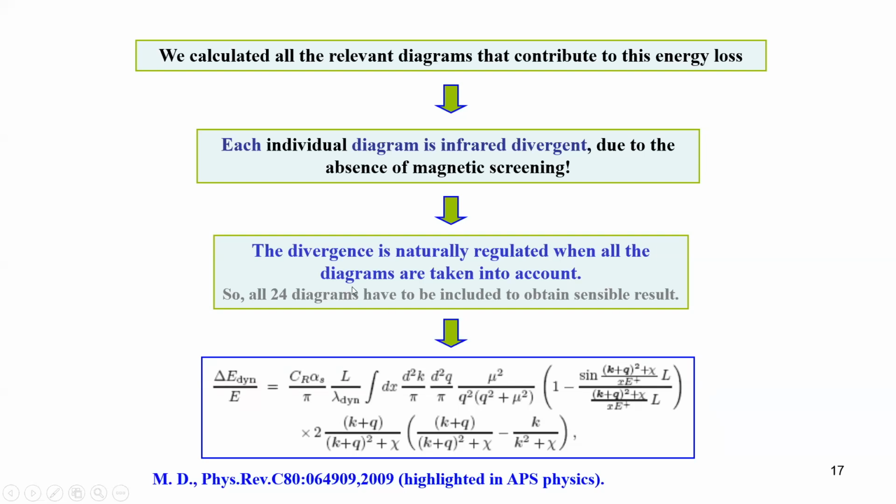Therefore, this calculation is highly non-trivial, since all 24 diagrams have to be included to obtain a sensible result. And we finally obtain an explicit analytical expression for the energy loss in a dynamical QCD medium, which is presented by the equation shown here.